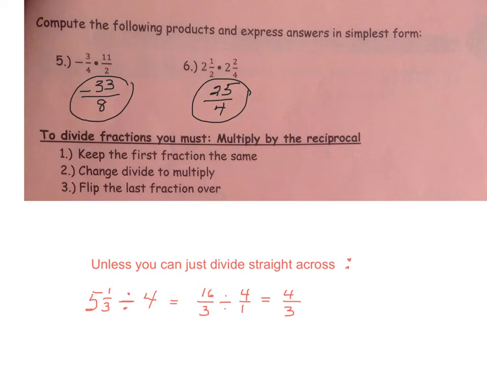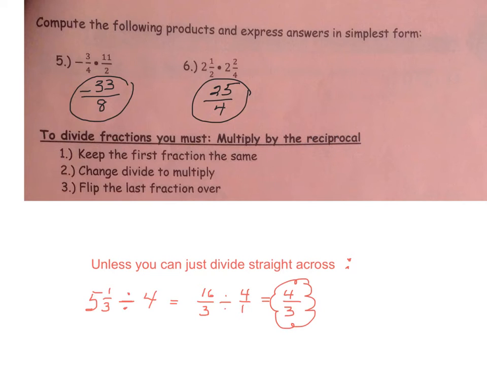So you change 5 1/3 becomes 16/3. Divided by 4, it's not necessary to multiply by the reciprocal. I can go straight across. 16 divided by 4 is 4. 3 divided by 1 is 3.